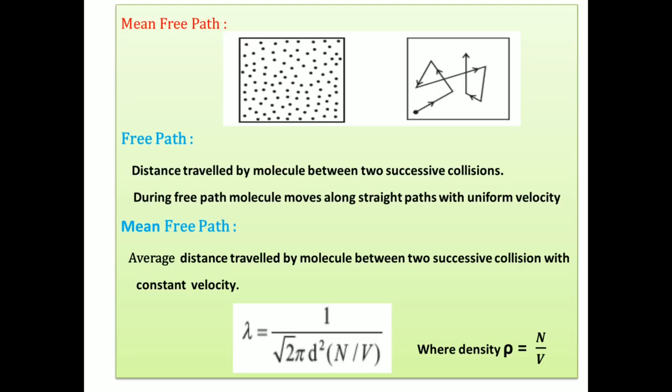A typical path of a single molecule is shown in the figure. Here we assume the other molecules are at rest. When the molecule approaches another molecule, there is a repulsive force between them.